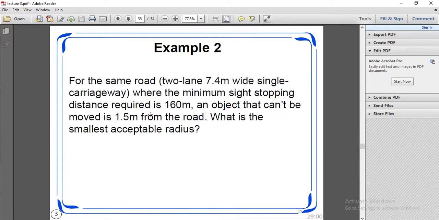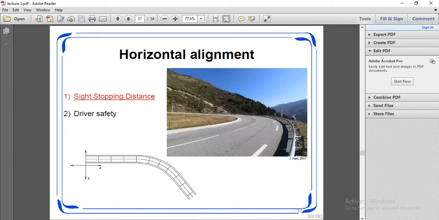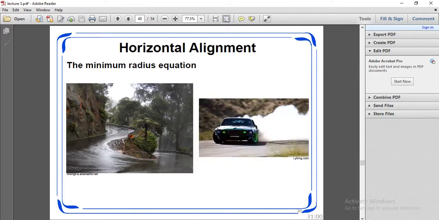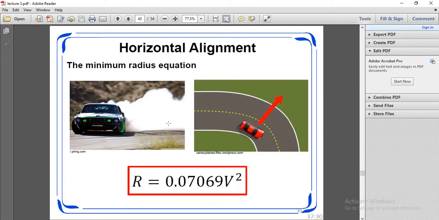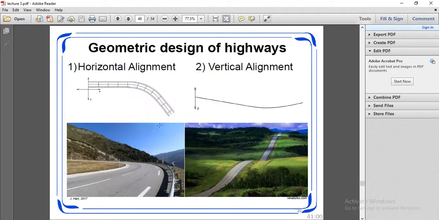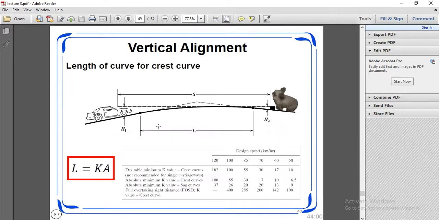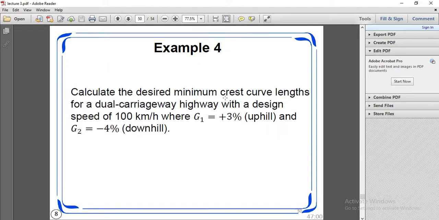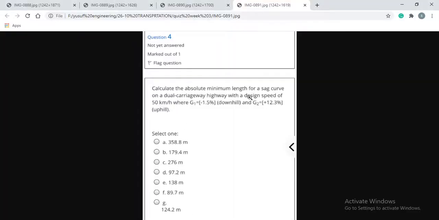Clearly obstruction in method. Minimum sight. What is the smallest acceptable radius? Minimum radius to be kept safe for driver. Desired minimum crest curve length, and here it is the absolute minimum length.